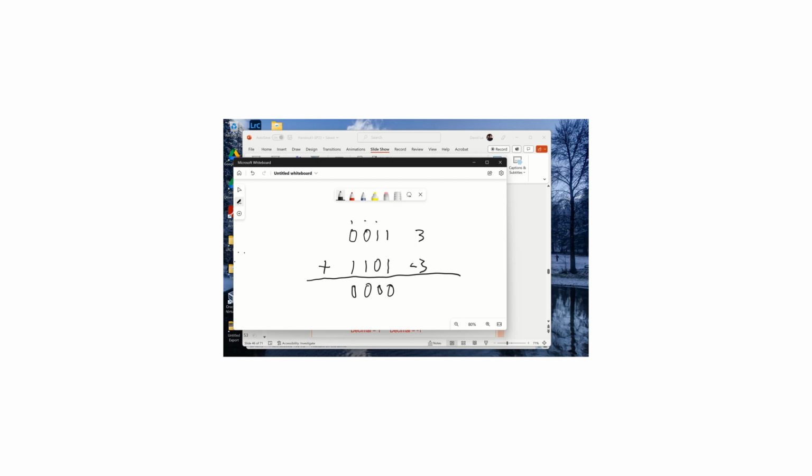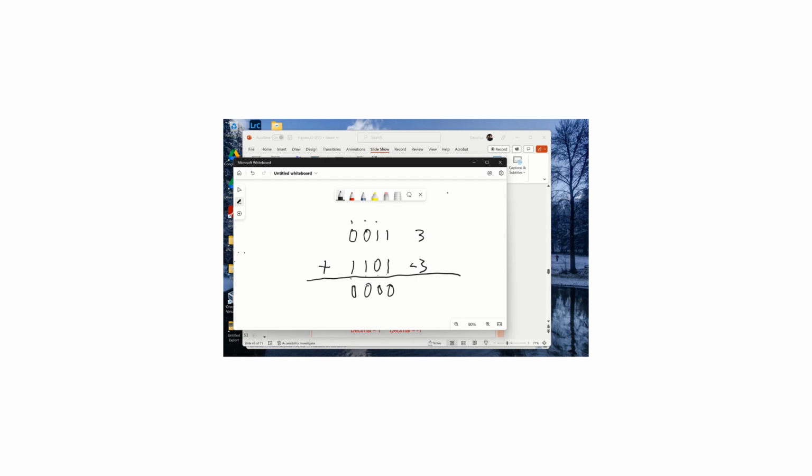Now, another way that I want to show you why this is used to represent negative 3, you can look at it this way. So the place value here is 2 to the power of 0, 2 to the power of 1, 2 to the power of 2, 2 to the power of 3.